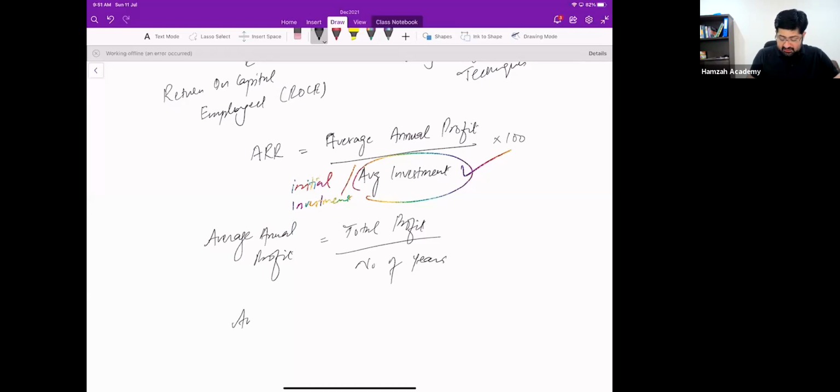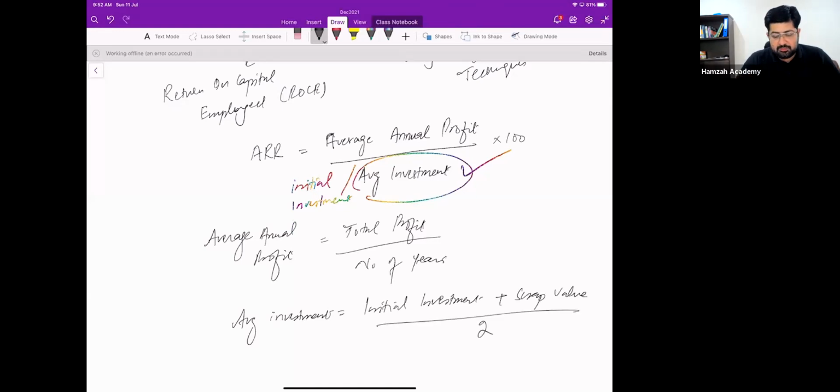And average investment is equal to initial investment plus scrap value, divided by 2, average investment.